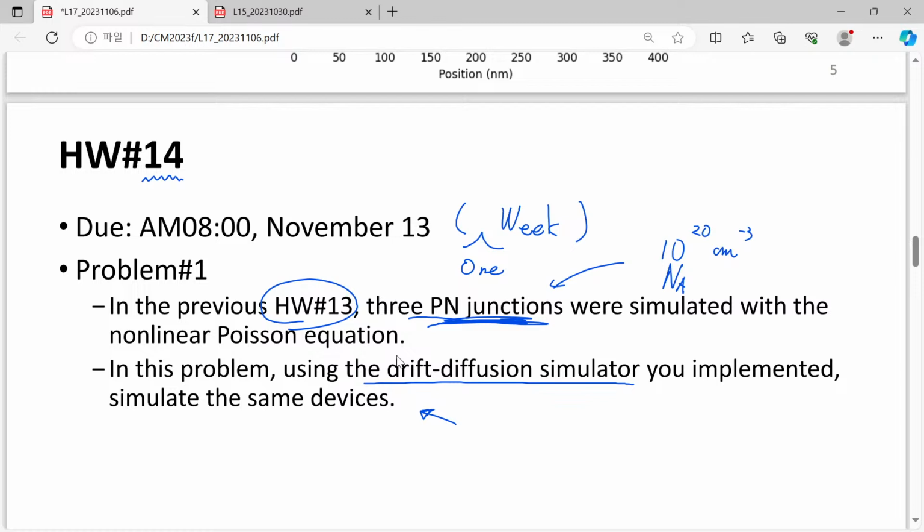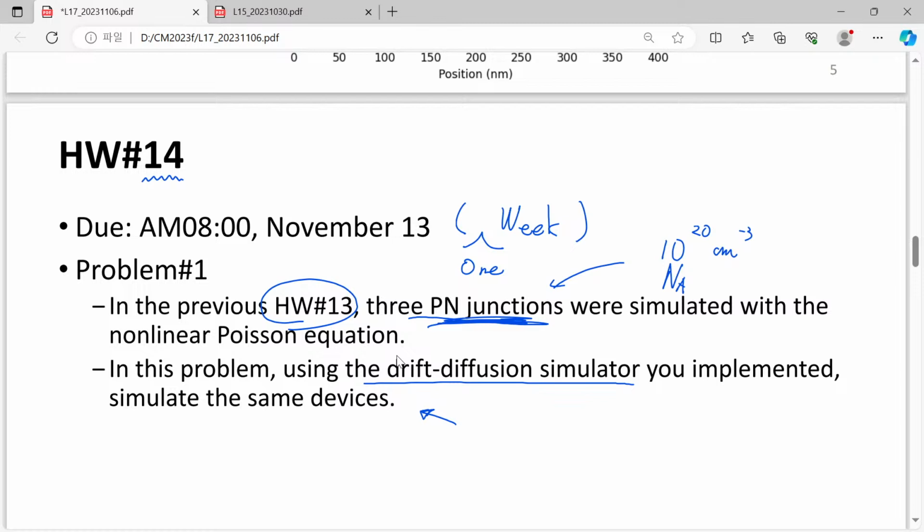Then what you have to do is, oh, I made something wrong in my newly developed drift diffusion simulator. Then please debug your drift diffusion simulator. When you make good implementation, then you will find that you get the solution easily. Okay?